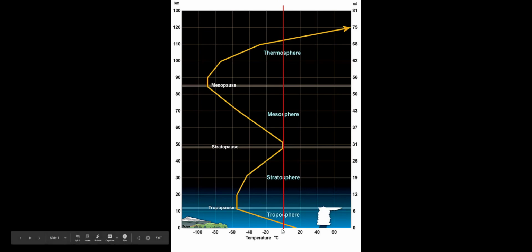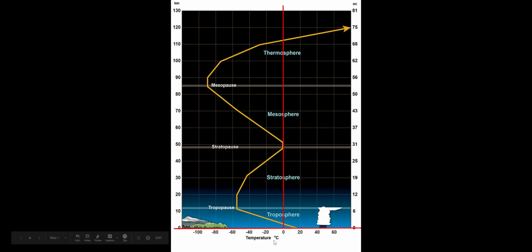This is 0. So if you were to think about this as a graph like you would in math, here is the y-axis. And then the x-axis would also be where there's 0, which is going across here. So you have an x-axis, the horizontal axis, and the y-axis, the vertical axis.